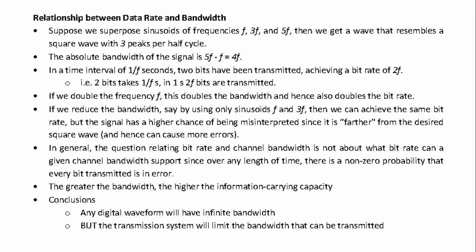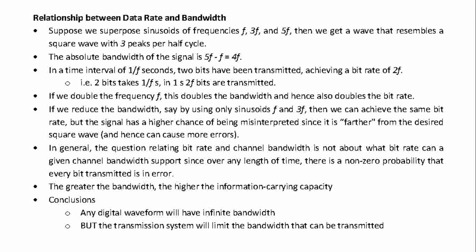That's the relationship. So if you reduce the bandwidth, say by using one sine of frequency F or 3F, we can achieve the same bit rate, but the signal has a higher chance of being misinterpreted. And that is what you are referring to as a bad signal.